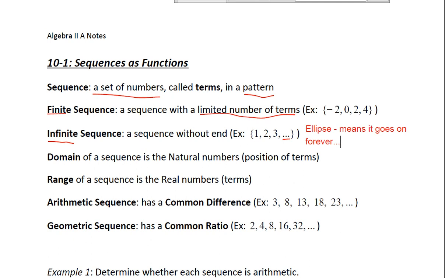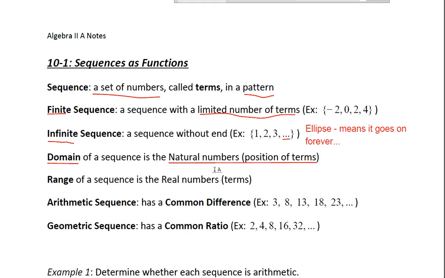Okay, we can talk about domain and range. The domain of a sequence is the natural numbers. If you remember what that means, that is the counting numbers, natural numbers, and it's the position of terms.